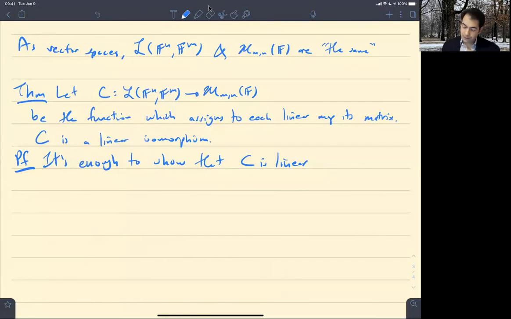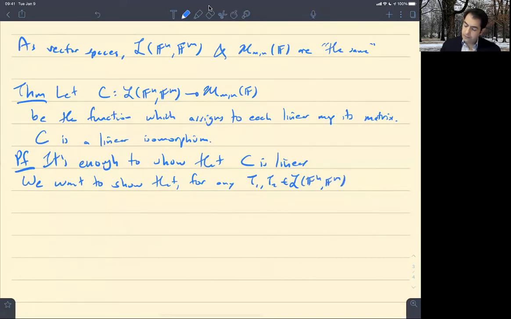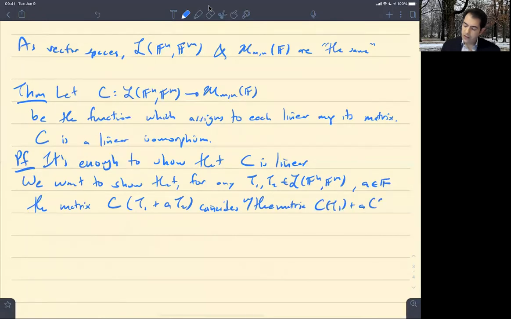Okay, so what we want to check is that if you give me two linear maps, T1 and T2, and a scalar a, then the matrix that I get from applying C to T1 plus a T2 is the same matrix, so let's say coincides with the matrix C of T1 plus a times C of T2.